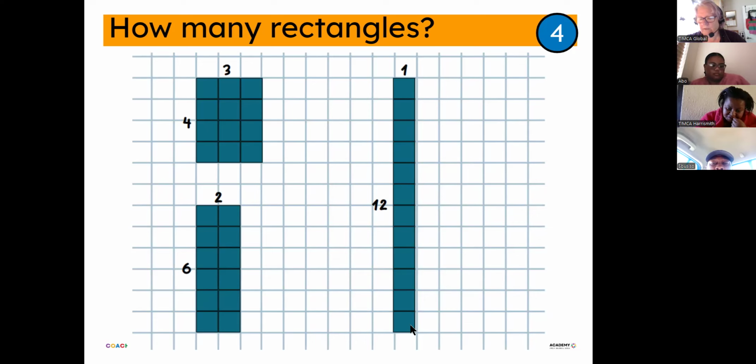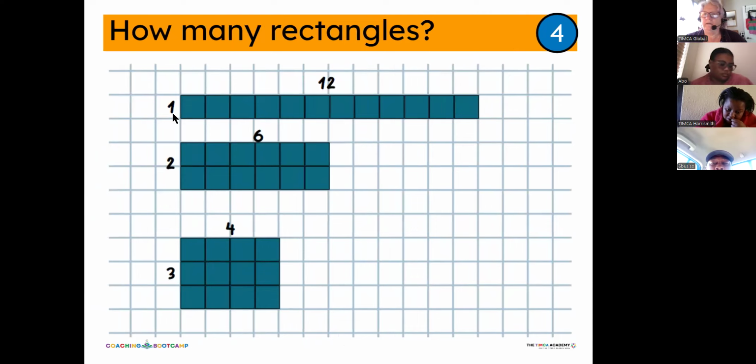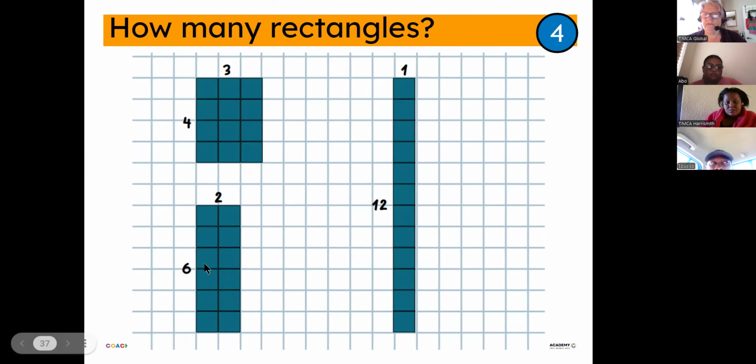So you're encouraging them to start with 1, because there's always going to be something times 1. And then you work through the different ways that you can make rows and columns, and that's how you make sure you get all of them. So you are now approaching this problem from a logical point of view.